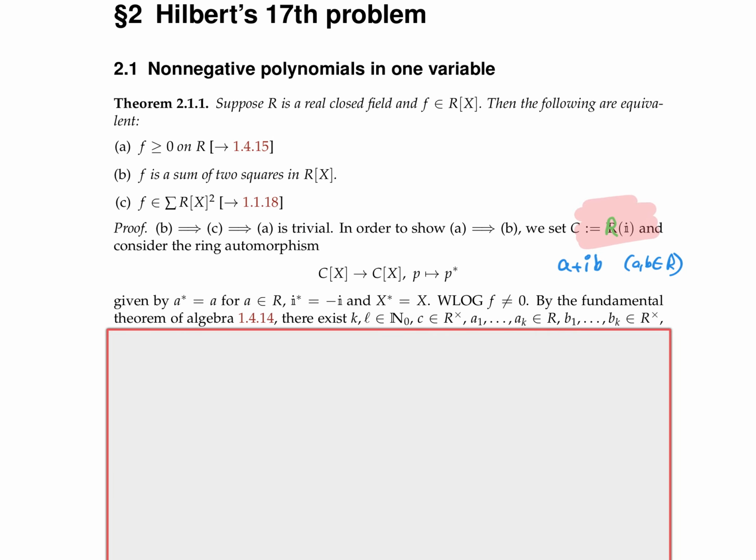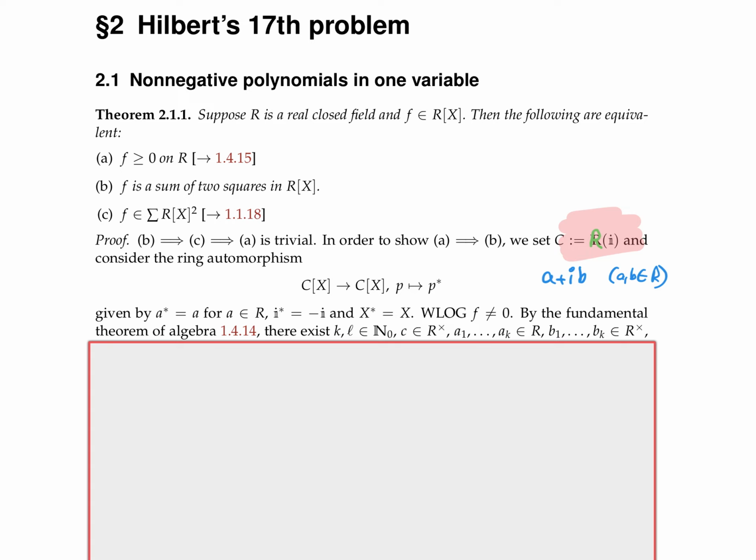Okay, so I use that, so I write f as a product of irreducible polynomials. That's possible, I'm in a factorial ring. And then I know how these look.